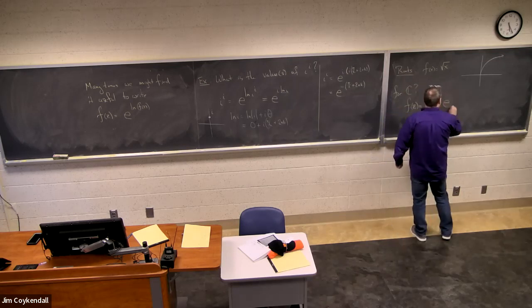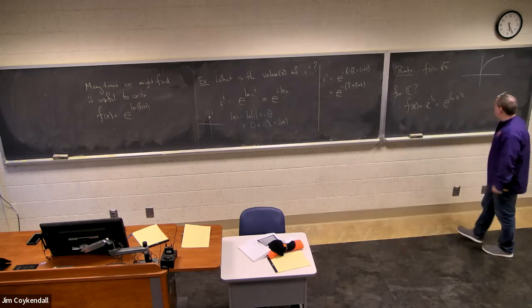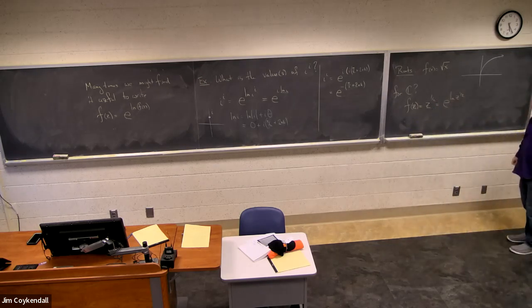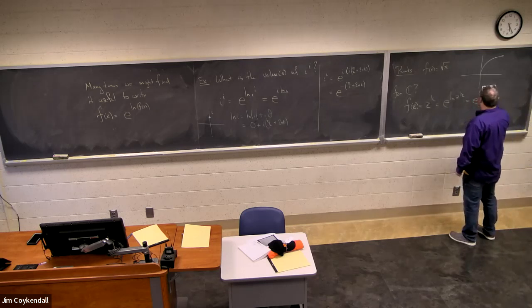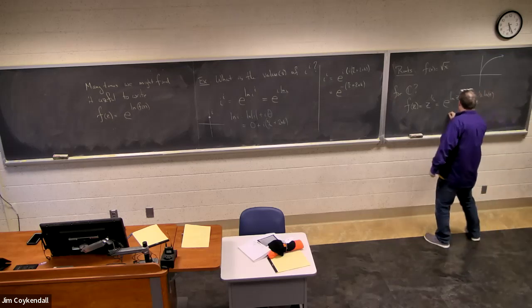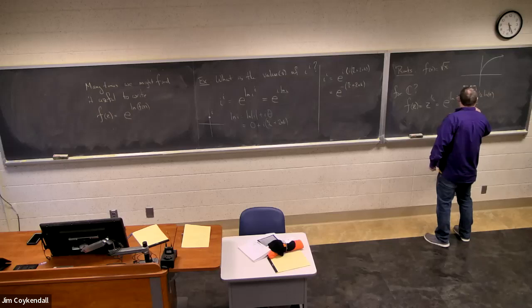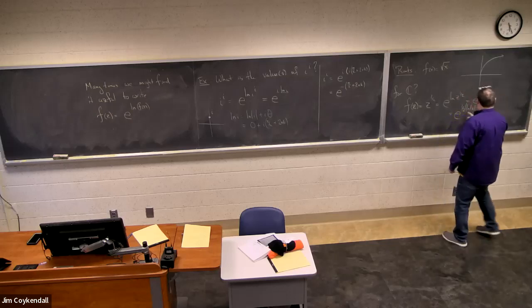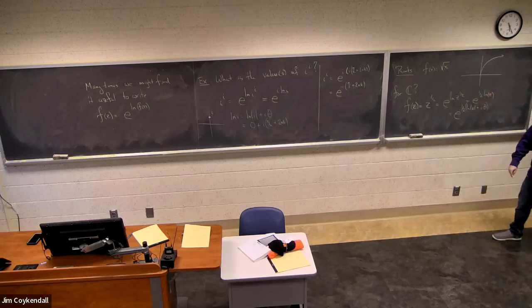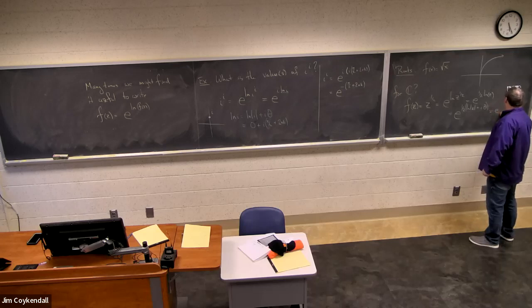This is e to the natural log of z to the 1/2, which is e to the 1/2 natural log z, which is e to the 1/2 times the natural log of the absolute value of z plus i theta. And that 1/2 multiplies the whole kit and caboodle here. Now, I'm going to separate this out.